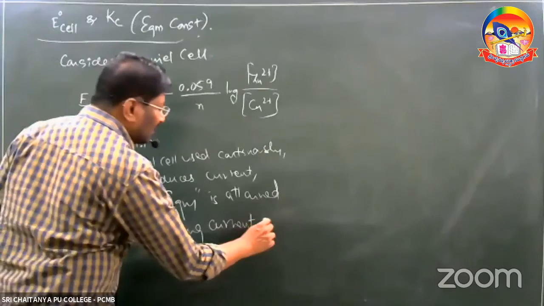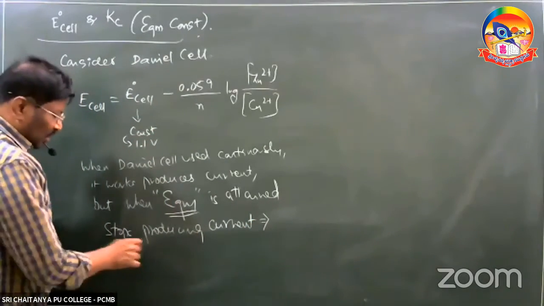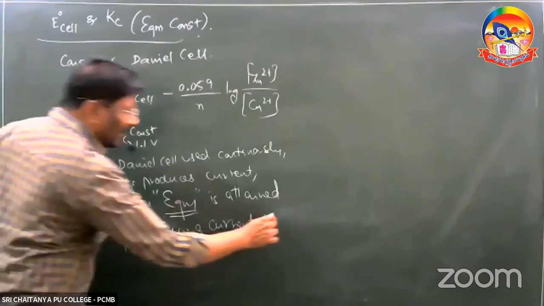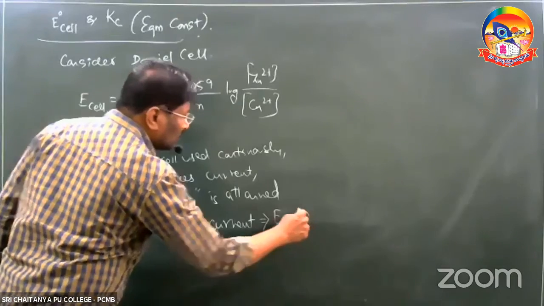That means equilibrium is important, stops producing current is important. So E cell is equal to 0.